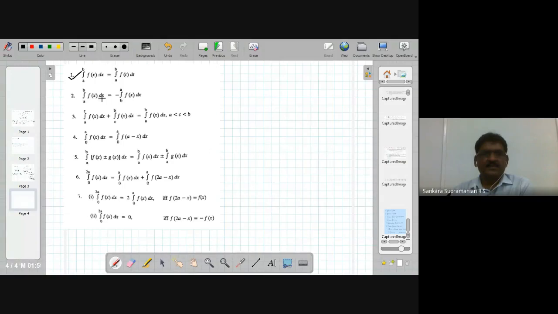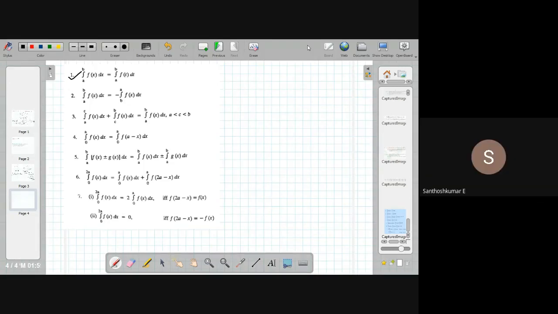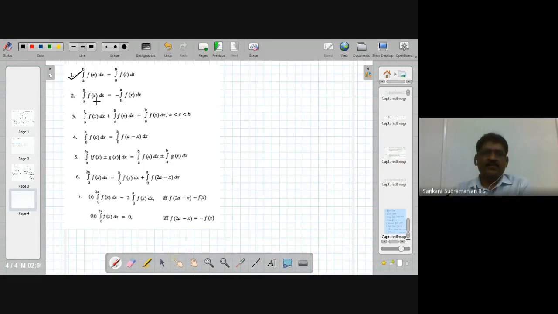So since you have மேல நீங்க integrate anti-derivative வந்ததுக்கு அப்புறம் capital F வந்ததுக்கு அப்புறம் capital F of b minus capital F of a நீங்க எழுதுவோம். இங்க capital F of a minus capital F of b, which can be written as minus of capital F of b minus capital F of a. So therefore you can write the integral a to b வந்து b to a எழுதிக்கலாம், but the change in sign will be there.